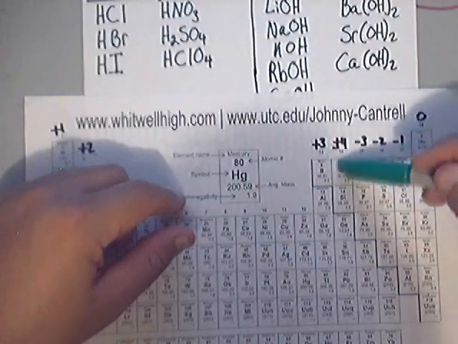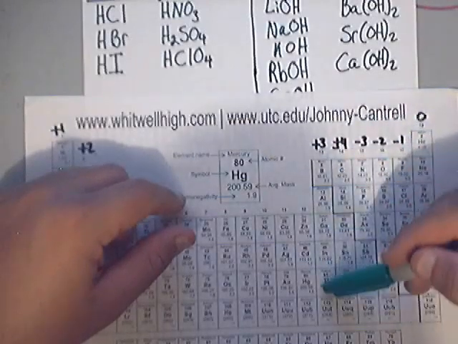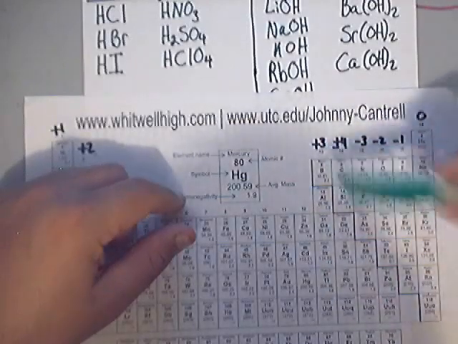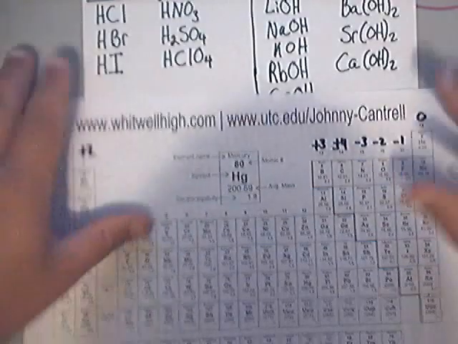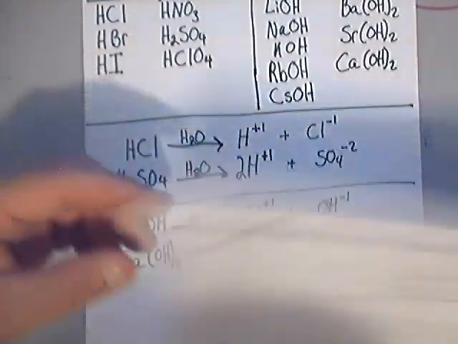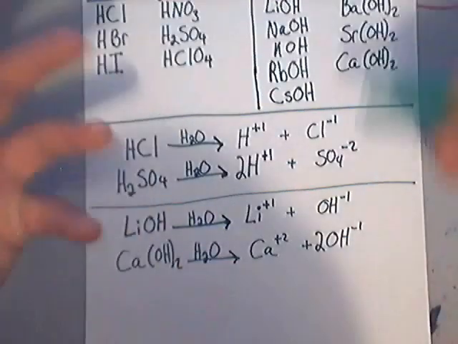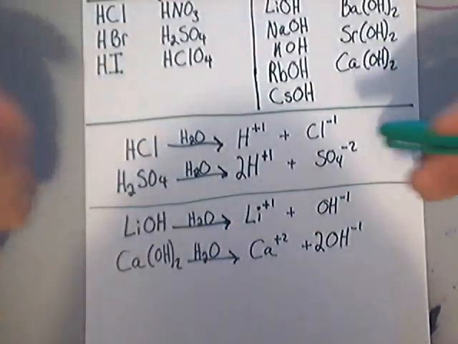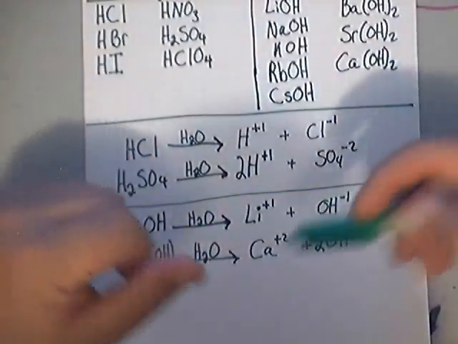This technically isn't a trend, and there are some inconsistencies as far as being plus 3. But anyway, hopefully this is helpful in explaining what strong acids and strong bases are.